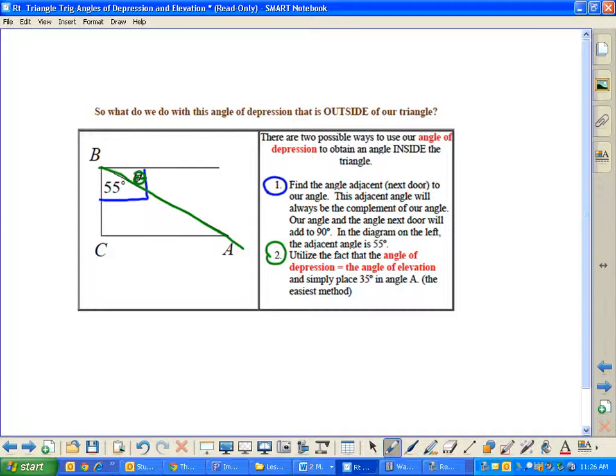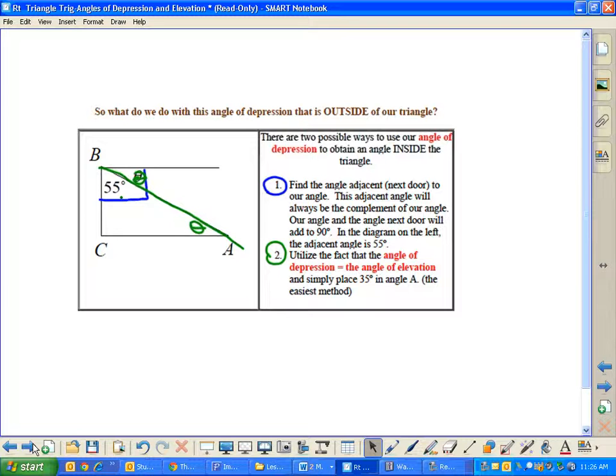Opposite interior angles. So either way, whether you prefer one or two, you have an angle inside here or an angle inside here. But either way, you need to get an angle inside of the triangle, or else you can't use the trig functions. So if you ever are given an angle of depression, use one of those two methods, whichever one you prefer.